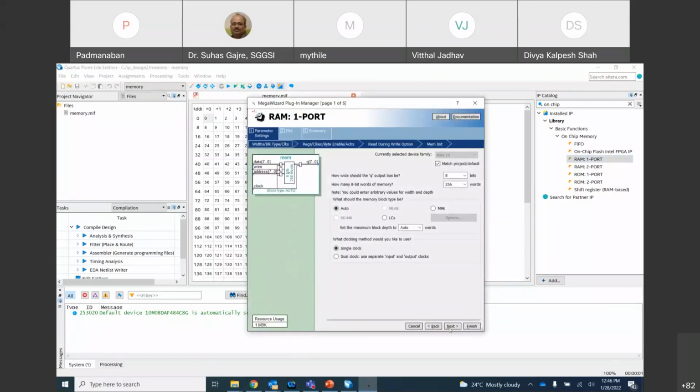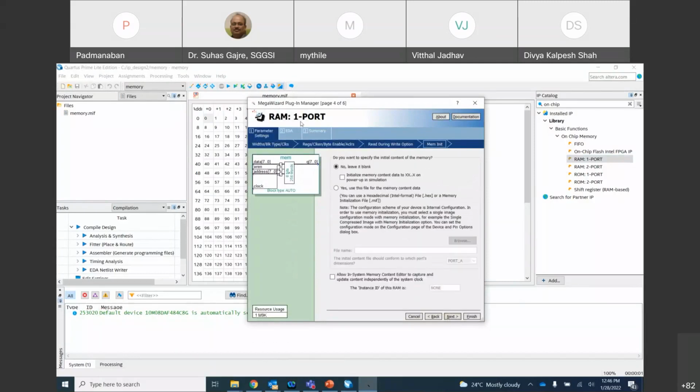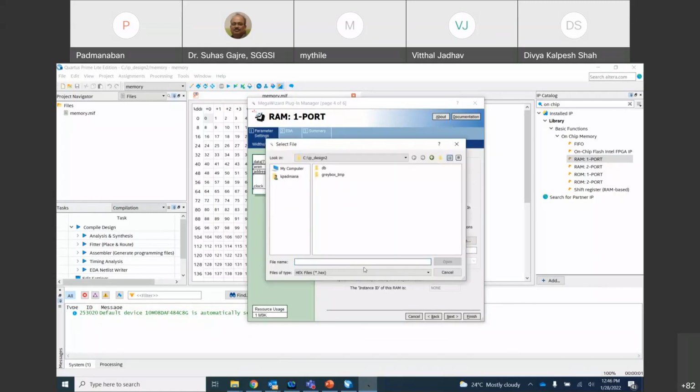Now, for example, if you open this, I will continue the same steps from earlier. If I don't want, I can remove registration and everything. What we left out last time was that we said no and left it blank. But now, while creating the intellectual property, you can say yes, use this file, then browse and find where that file is. For example, if you say all files, you can see there is a memory.mif file.